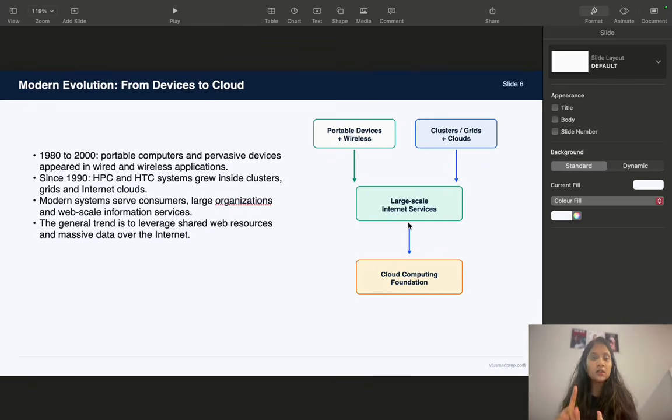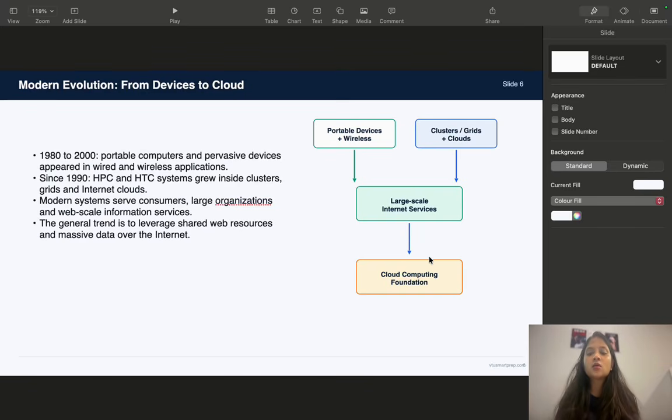First is clusters, then grids, then internet clouds, and then large data centers. Four things: clusters, grids, internet clouds, and large data centers.